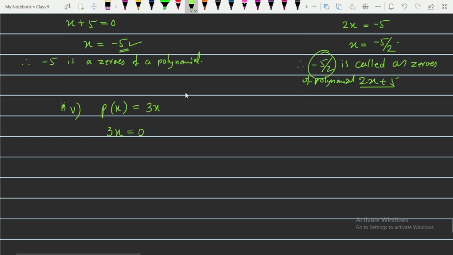So what value of x will you get? x equal to 0 upon 3, which is 0 only. See here, when you put p of 0, it will be 3 into 0. So 3 into 0 is 0. Therefore p of 0 is coming 0. Yes, therefore 0 is a zero of the polynomial 3x.